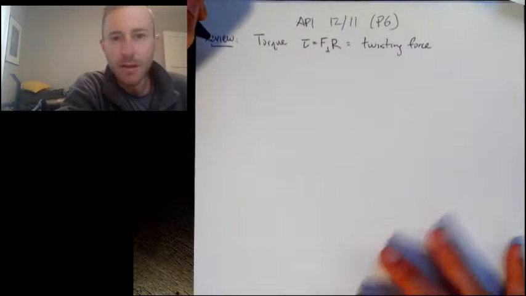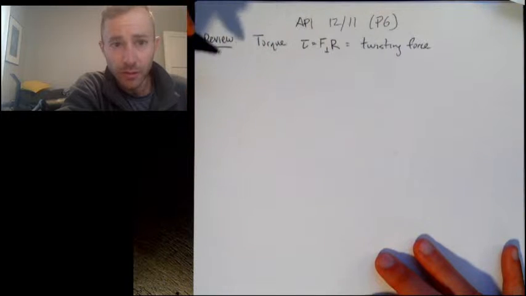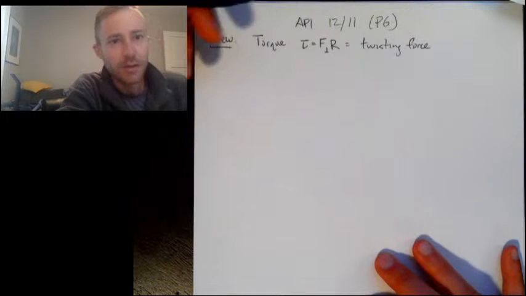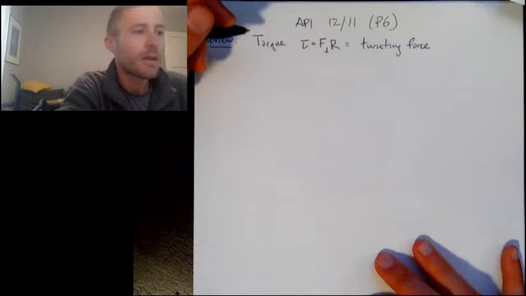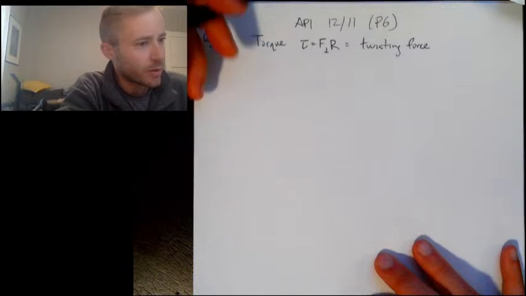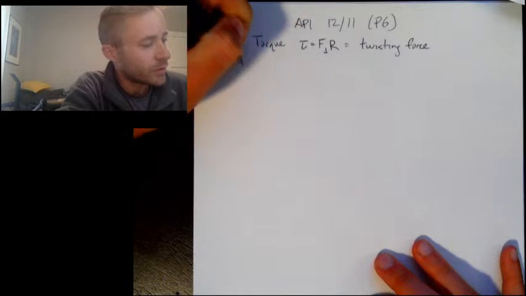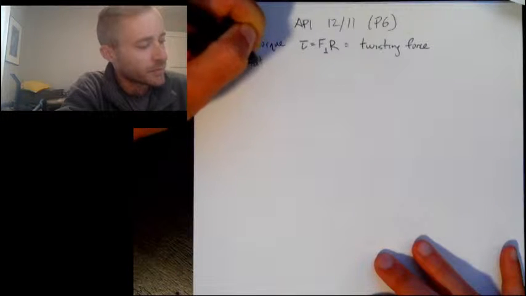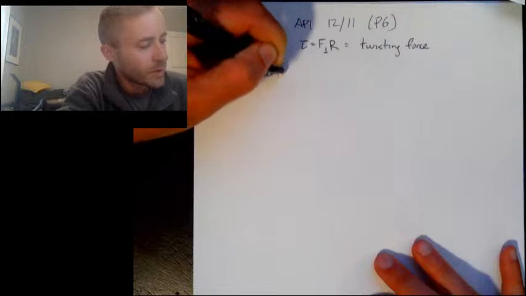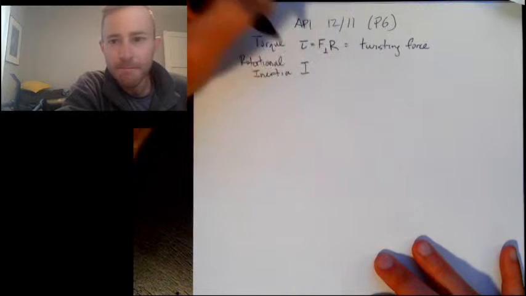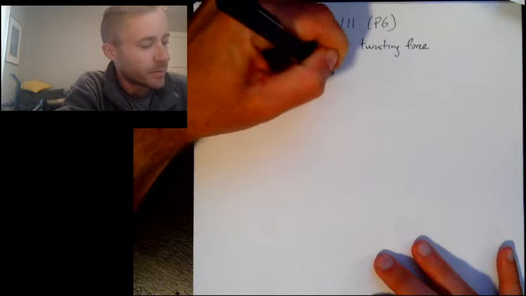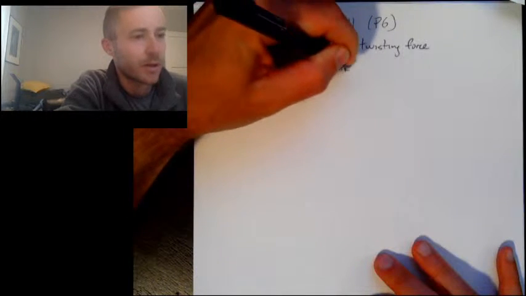Okay? And we've learned how to solve rotational equilibrium problems, how to calculate net torque, and so on. Then we also have this concept of rotational inertia, which is denoted by I, and it's equal to the sum of m r squared.